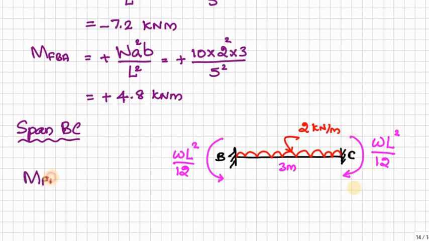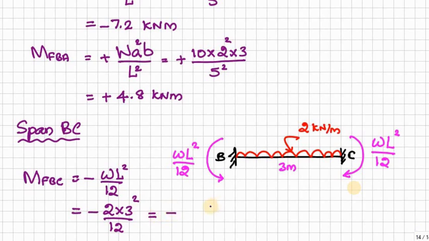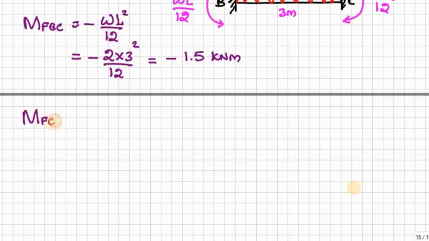Therefore, MFBC is equal to minus WL squared by 12, which is equal to minus 1.5 kilonewton meter. MFCB is equal to plus WL squared by 12, which is equal to plus 1.5 kilonewton meter.